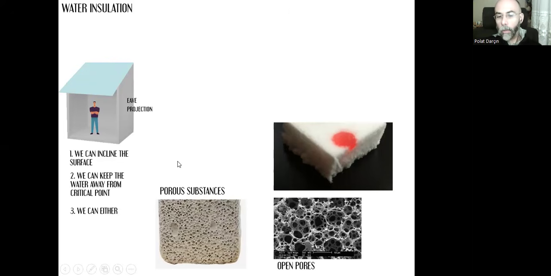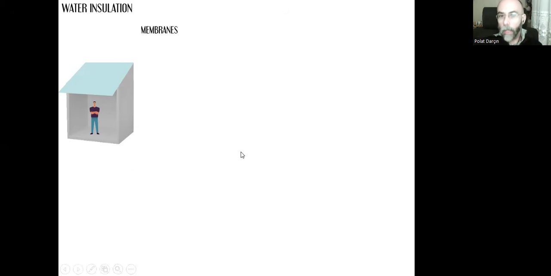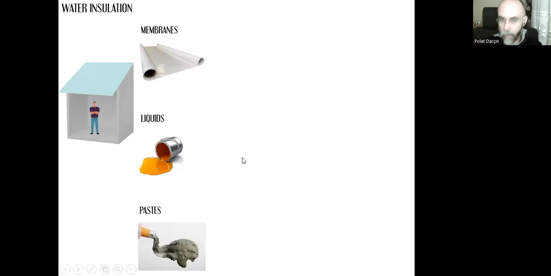Also, we can either cover the surface of the porous substances with a non-porous material, or we can try to intervene and change the inner properties of porous substances, either try to fill all the pores or create a material with closed pores. But covering will be easier, obviously, and we can use either membranes, örtü in Turkish, or liquids or pastes.